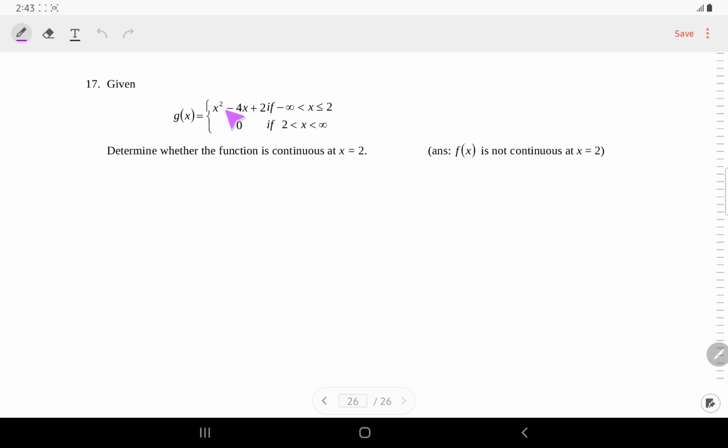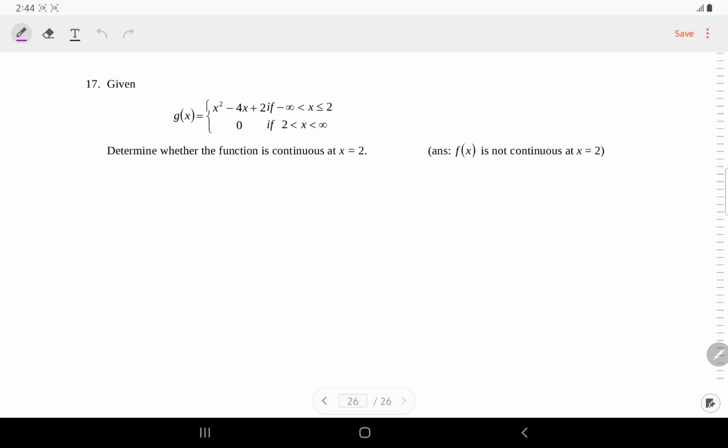There are two functions: x squared minus 4x plus 2 if the value of x is less than or equal to 2, and the function will be equal to 0 if x is larger than 2. We need to determine whether this function is continuous or not, and the answer is not continuous. So we need to see why it is like that.